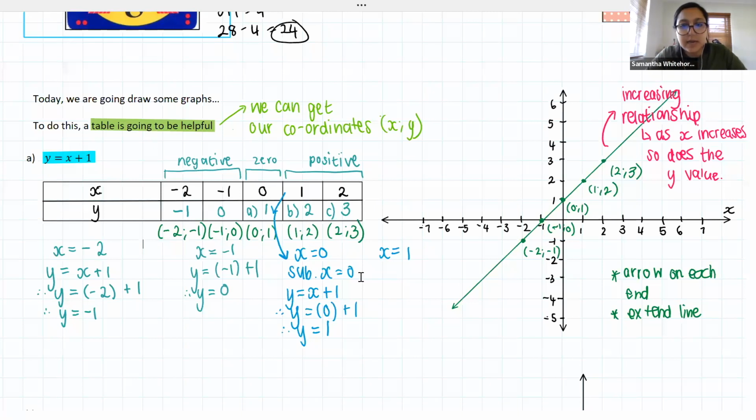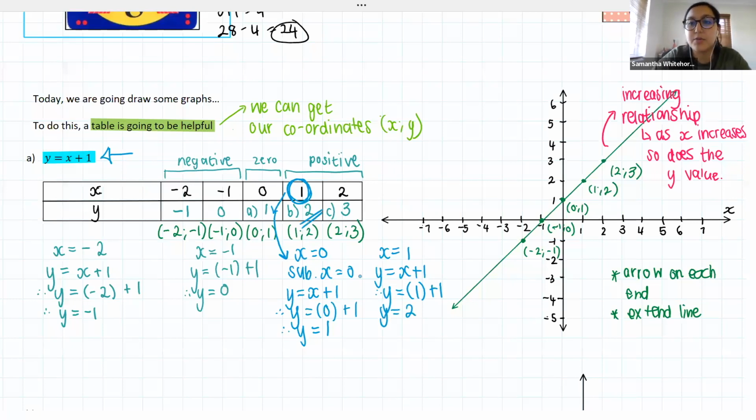So as I was saying, what's happening here is we've got X equals 1. Again, I have given that information to you. That was in the table. And we are going to substitute into exactly the same equation. This is the rule that we are using: Y equals X plus 1. I'm going to substitute in my 1, so I've got 1 plus 1, and we know that 1 plus 1 is 2.